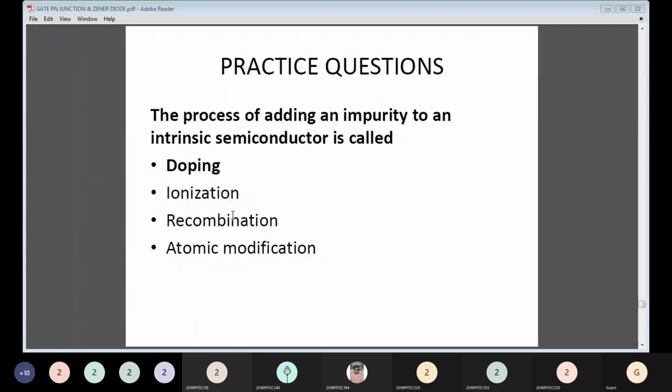The process of adding an impurity to an intrinsic semiconductor is called, options are doping, ionization, recombination, atomic modification. So doping is the correct answer, since it's the process of adding impurities to improve the concentration of the charge carriers.